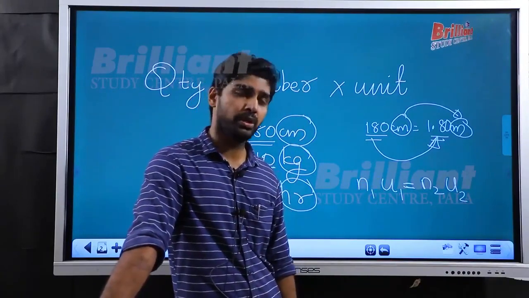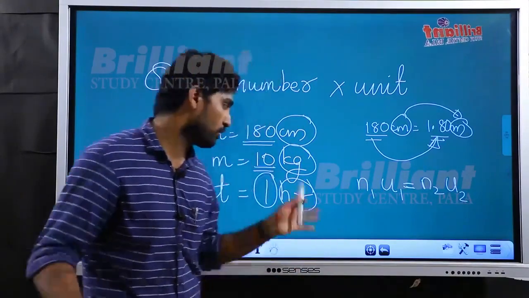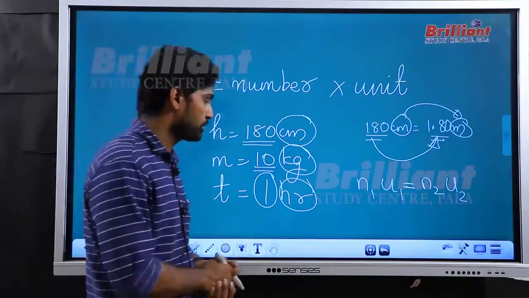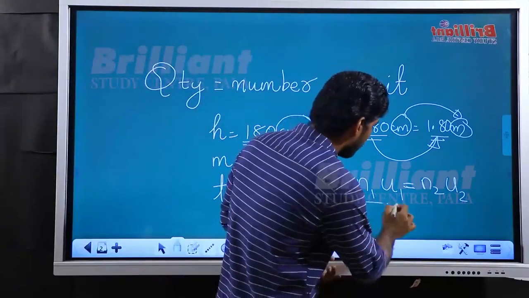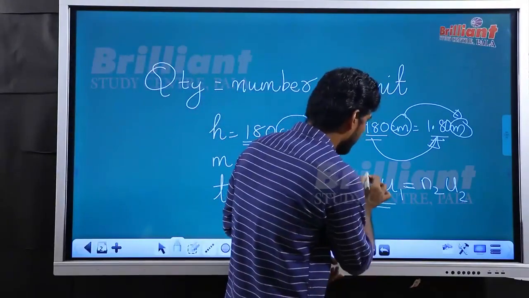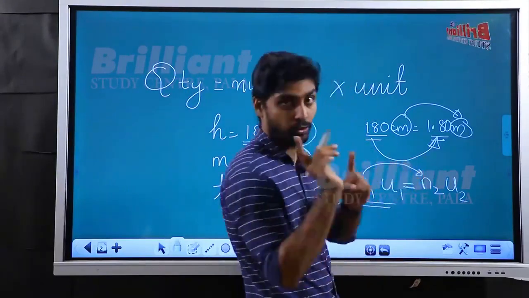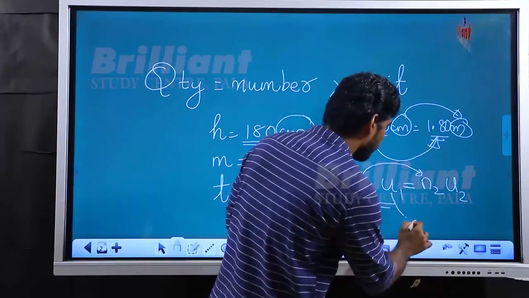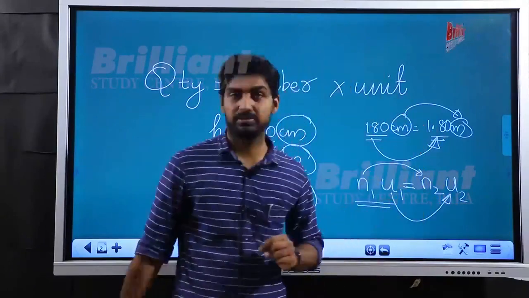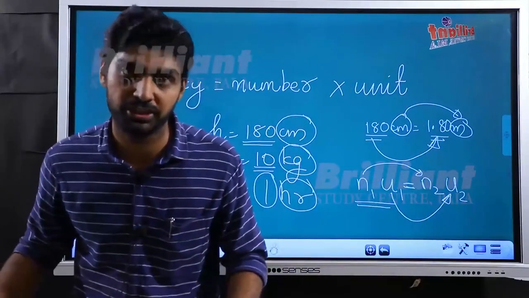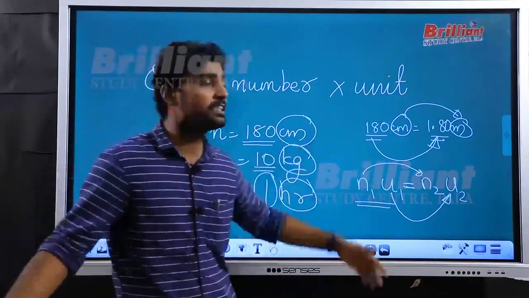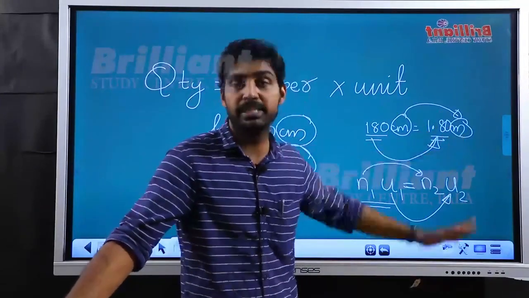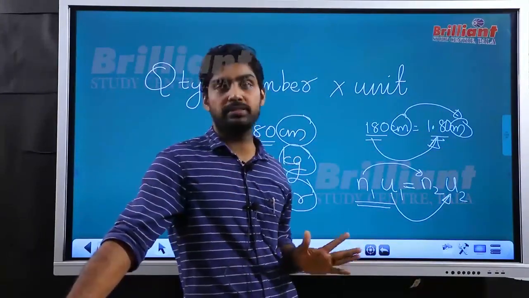We are going to convert units into one another throughout our education. When we convert units, the numerical value will change, units will change, but the quantity will not change. Whether it is 180 centimeters or 1.8 meters, both are meaning one and the same.